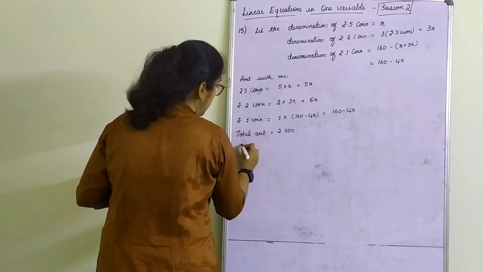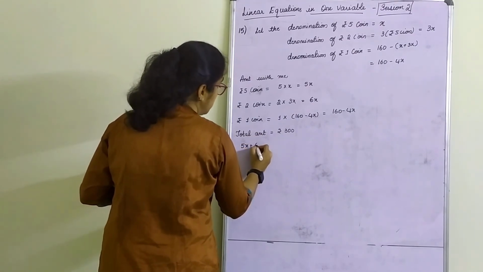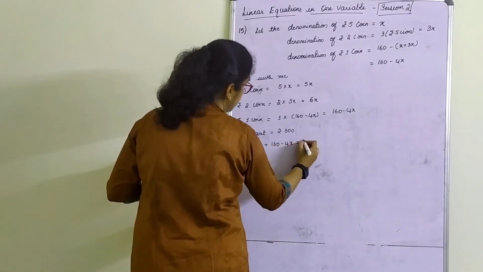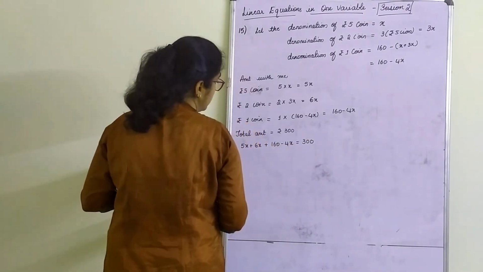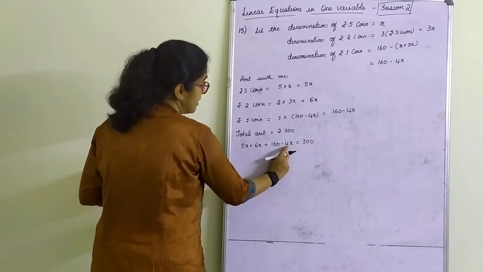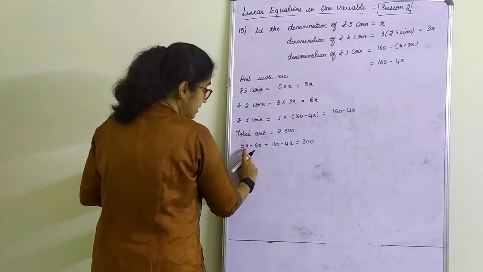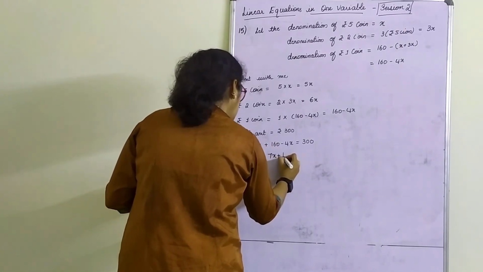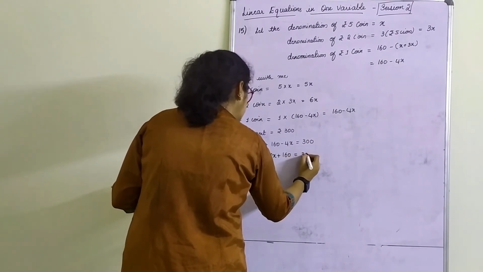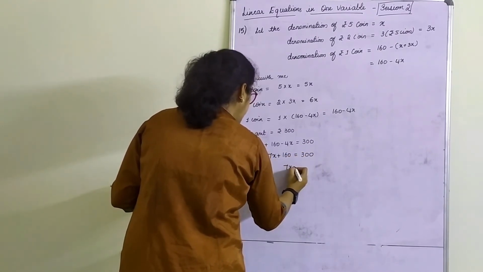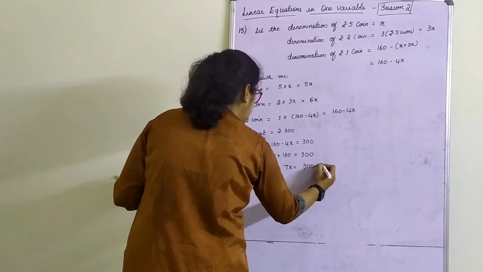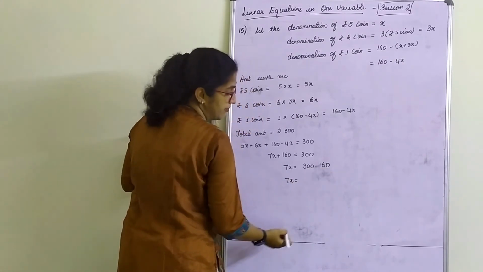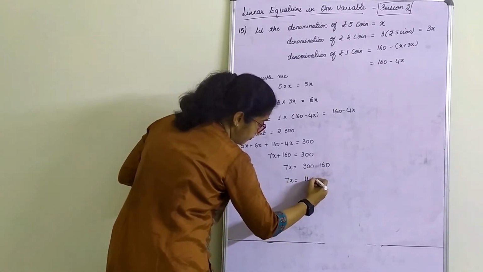So let us just add: 5x plus 6x plus 160 minus 4x is equal to 300. If you calculate, 6 minus 4 is 2x, 5 plus 2 you will get 7x, plus 160 is equal to 300. 7x is equal to 300 minus 160, which is 140.